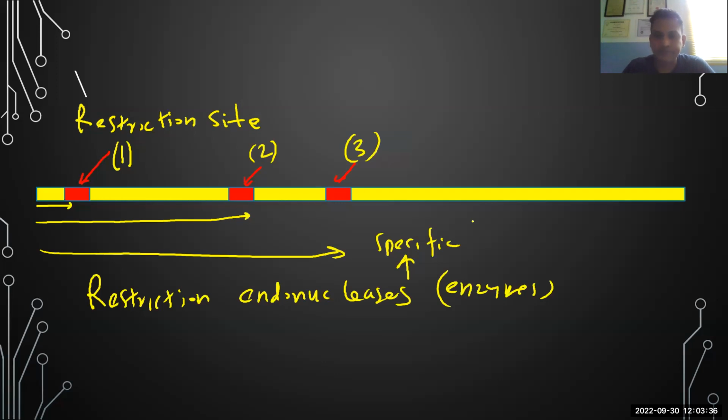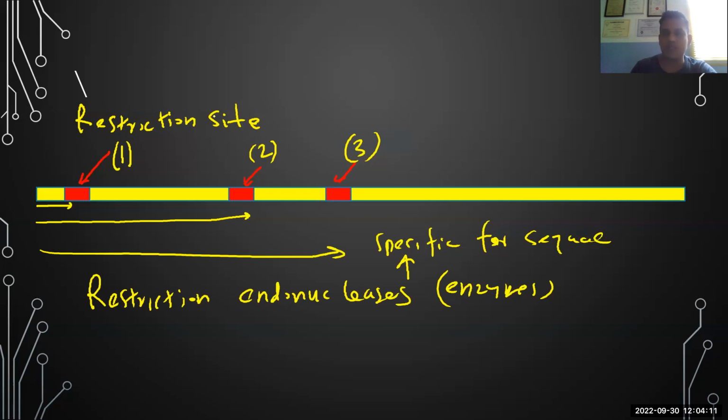If you learned that enzyme active sites are specific to the substrate, then if we consider the DNA molecule as the substrate here, restriction enzymes are the enzymes. So this specificity is different in this case. Restriction endonucleases are specific for the sequence. So a restriction site has a specific sequence.